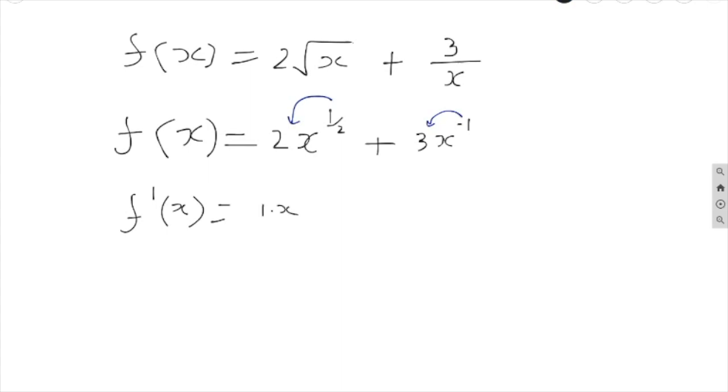And over here we have minus 1 times 3, so that's minus 3x. And then we'll take away 1 from each of the powers, as before. So 1/2 minus 1 is minus 1/2, and minus 1 is minus 2.